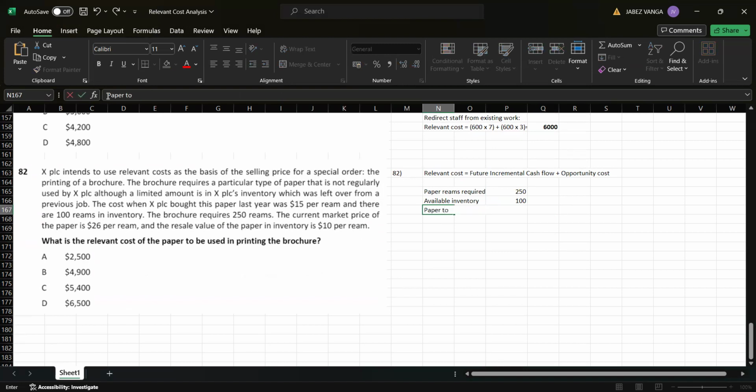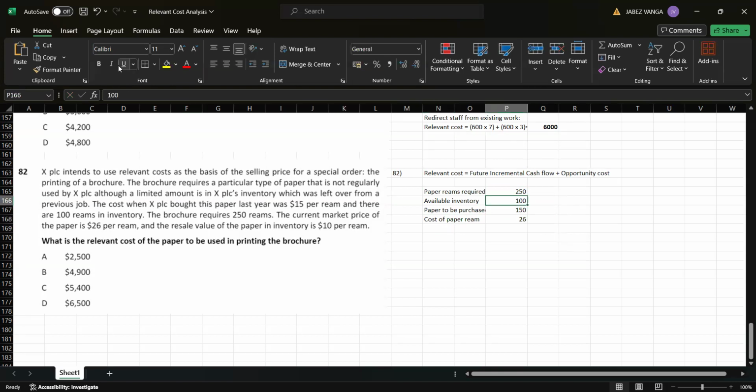Paper to be purchased. We see that it is 250 minus 100, 150. Done. After that, what's the cost of paper ream? We have this as $26.